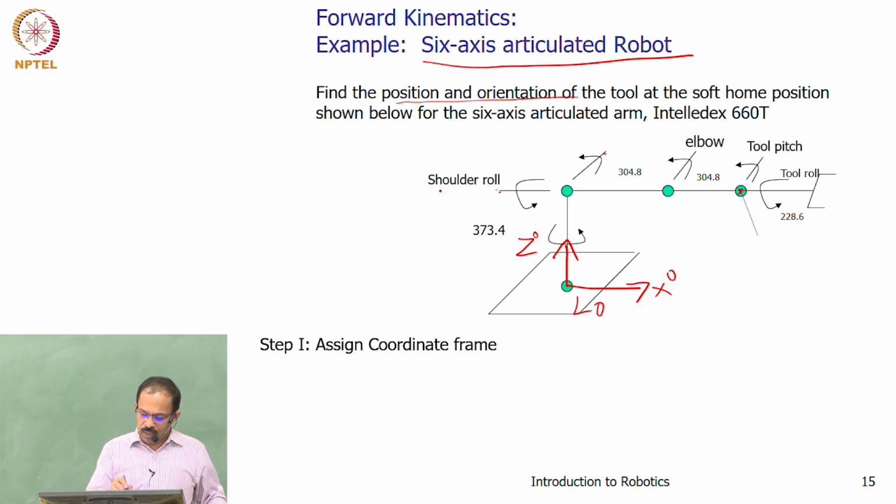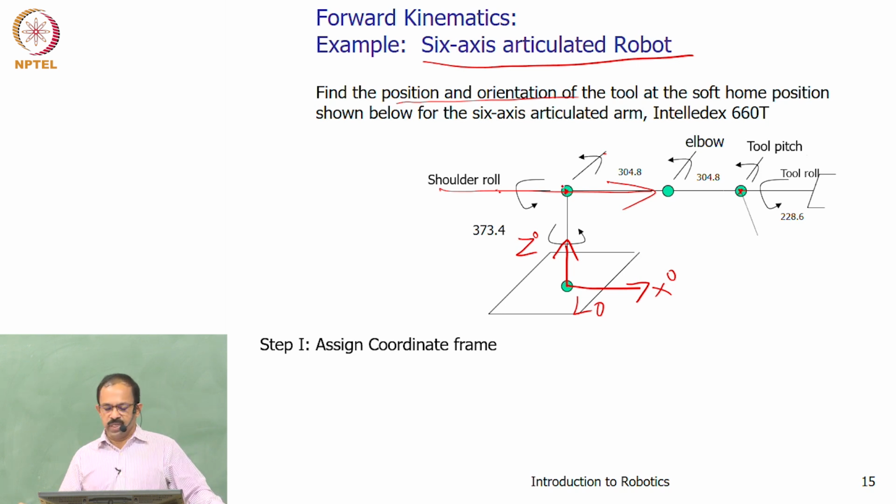So your Z will be like this, and this will be the Z. So you will be getting a frame here, right? And the origin will be there. And once you have the Z axis, then you assign the X axis and Y axis based on the principles. It should be orthogonal to this.